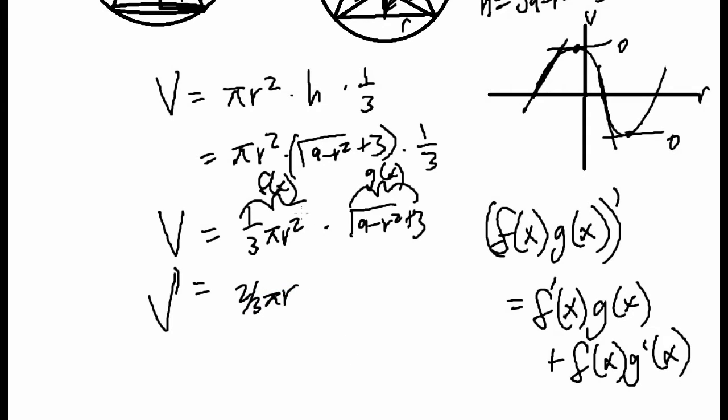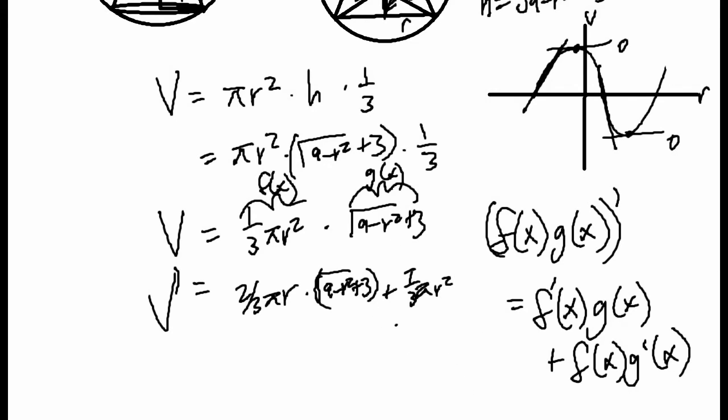You multiply the power of r by its coefficient and then subtract 1 from the power, multiplied by just regular g of x, so square root of 9 minus r squared plus 3, and add that onto just f of x, 1/3 pi r squared, multiplied by the derivative of g of x.